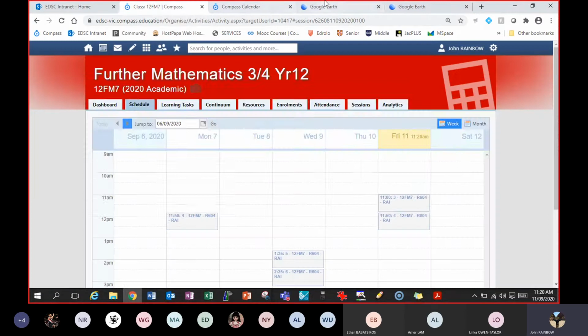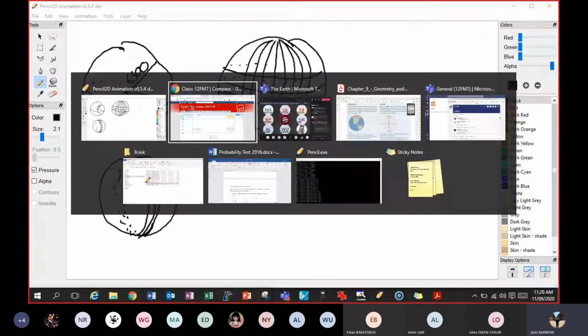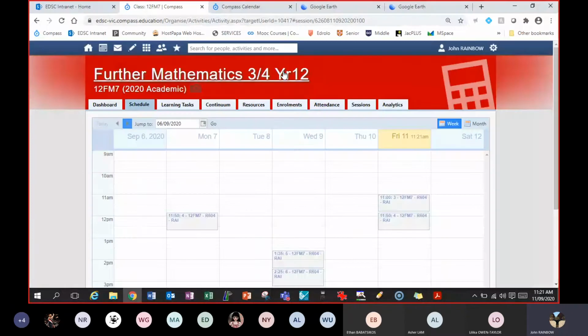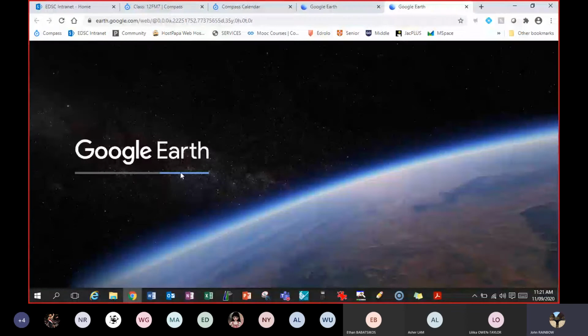Greenwich is located up in the Northern Hemisphere, and that is where they did all their geometry measurements from. It has a bit of history, which you can look into. Come on, Google Earth, why hasn't it started? This went a lot quicker for me before.